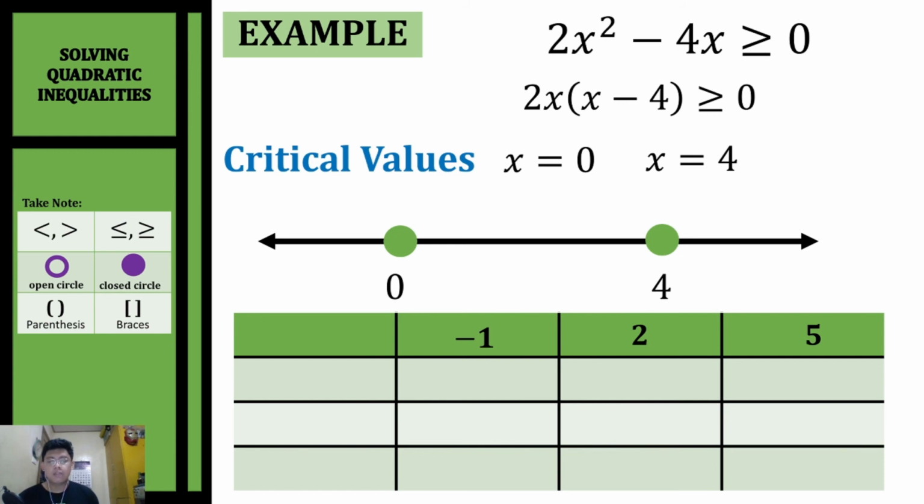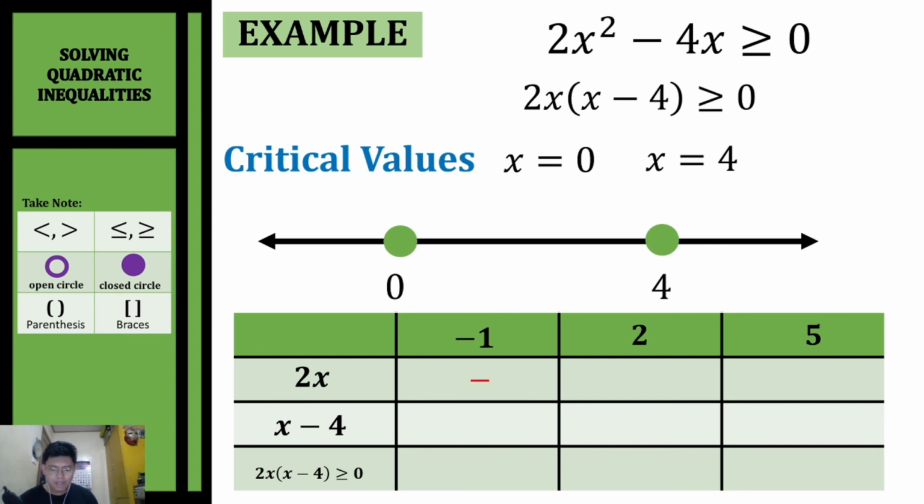Then we will test them by substituting into our factors, 2x and x minus 4, and see if the product of our factors will be greater than or equal to 0. Let's start with our first representative, negative 1. Negative 1 times 2 gives a negative number.